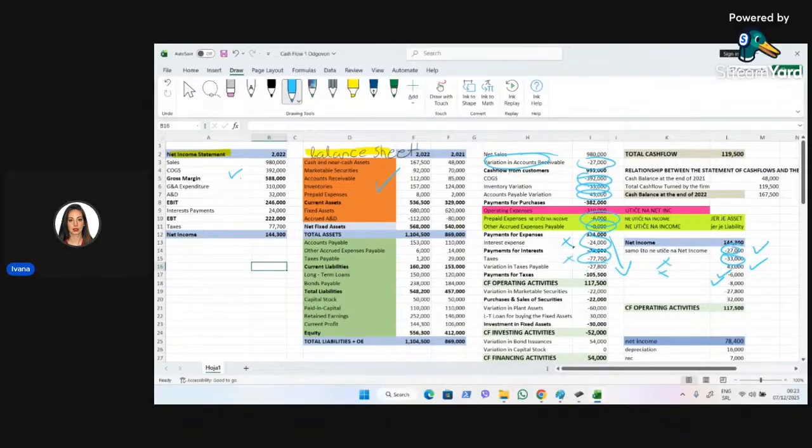Variations in taxes payable, liability, we will put here. Okay, so let's have a check. Okay, and all of this we got operating activities. So let's have a check. Operating activities, correct. And this is net income from balance sheet, from cash flow actually, but belongs to balance sheet.